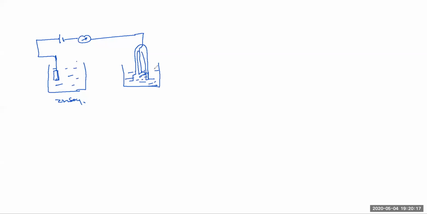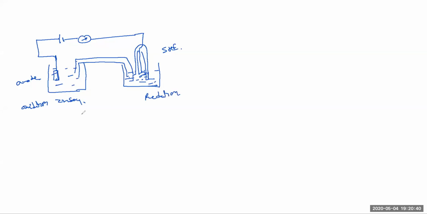This is the hydrogen electrode, SHE. It is a salt bridge as usual. Try to understand all of you. So the zinc rod is the anode, which means oxidation takes place here, and at the hydrogen electrode it is reduction.